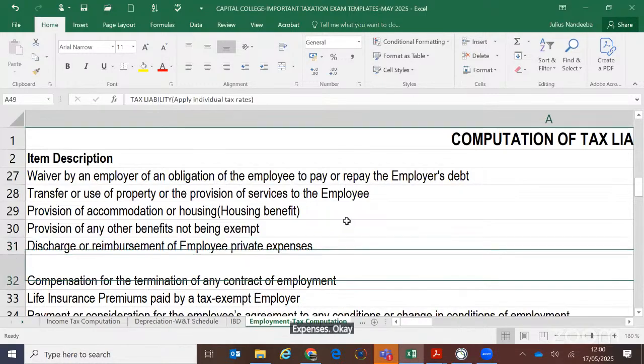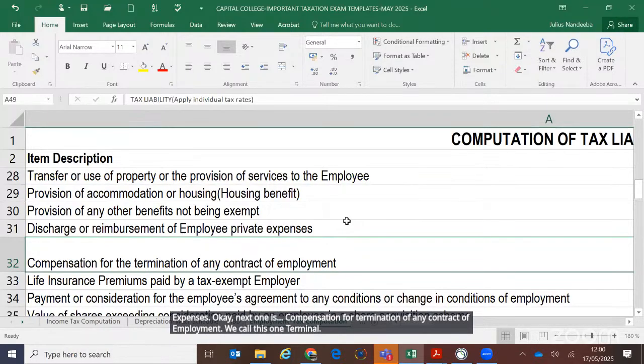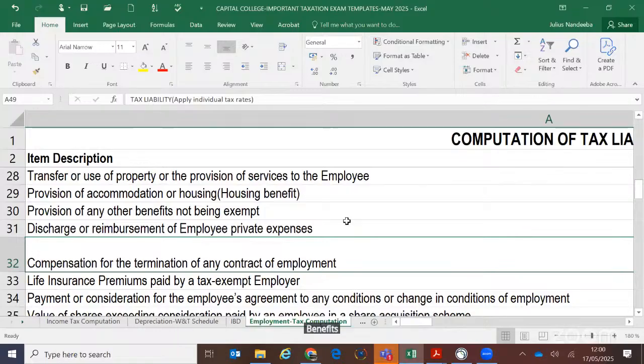Okay. Next one is compensation for termination of any contract of employment. We call this one terminal benefits. You have been working for this employer, and now, for example, who has been working with you?